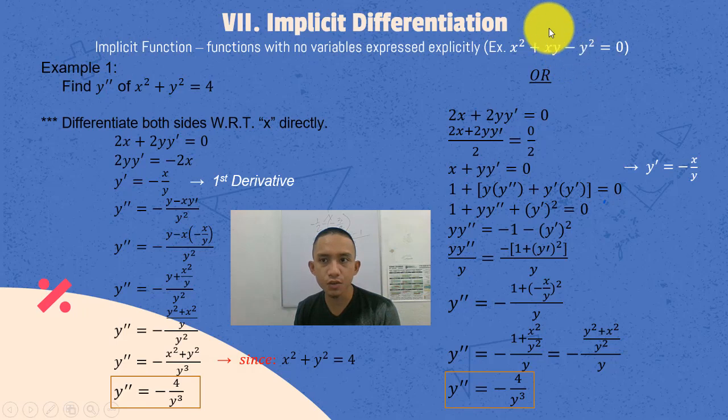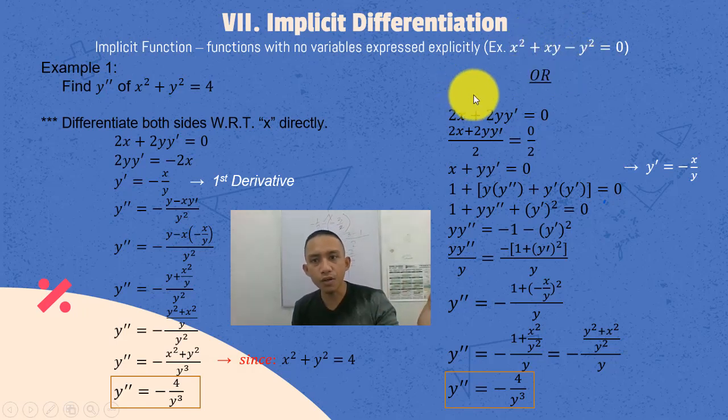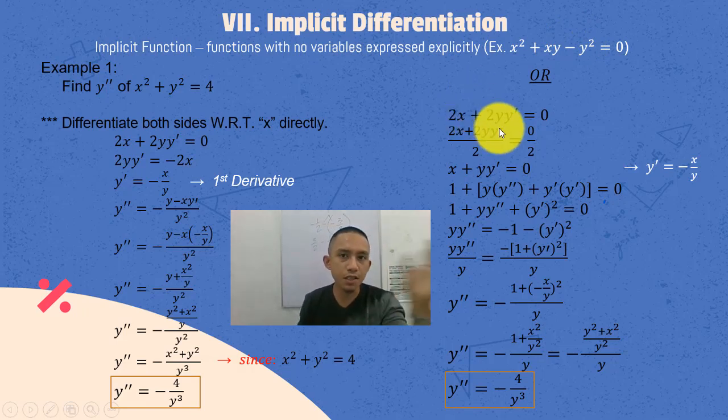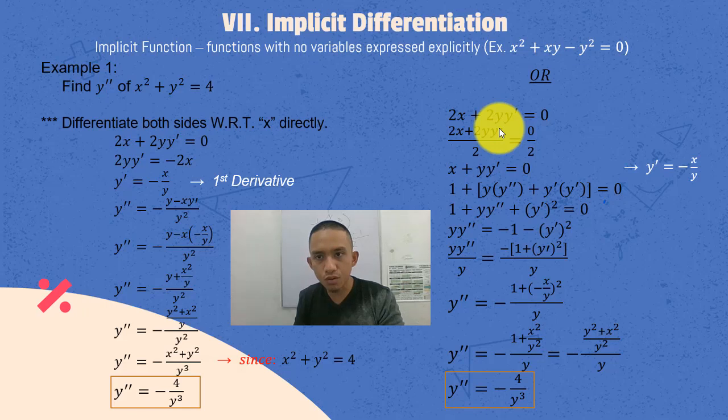This is what we call an implicit function. Before, y was a function of x, and we call that explicit because y is separated. Or in your inverse function, x is a function of y, which means x is separated, so that is still explicit. Now if they are mixed together and no variable is separated alone, then we call it an implicit function.